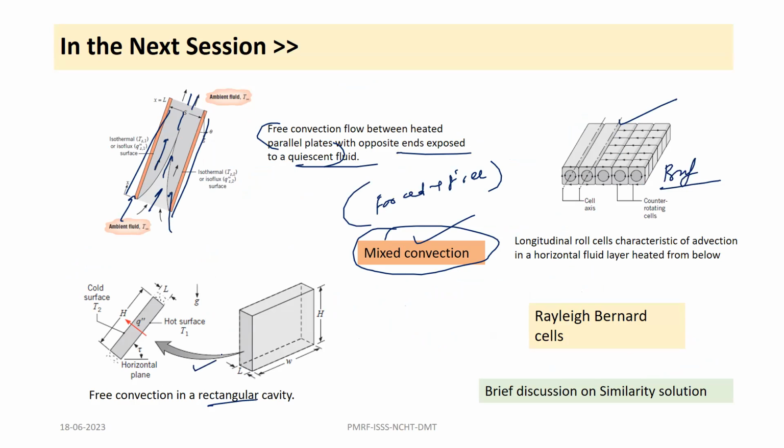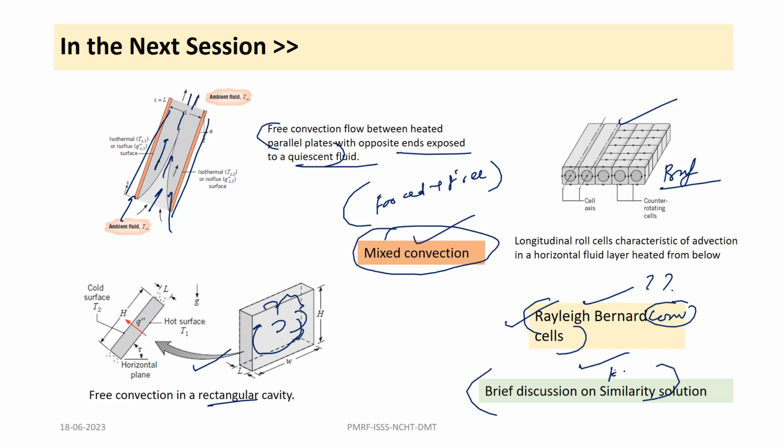Then a rectangular cavity like this: if it's in a cavity, how would the flow be, how would that flow change? Then the Rayleigh-Bénard convection cells, how they are formed, why they are important, etc. Then a brief discussion on similarity solution for natural convection. With that, we can wind up the natural convection basic parts.